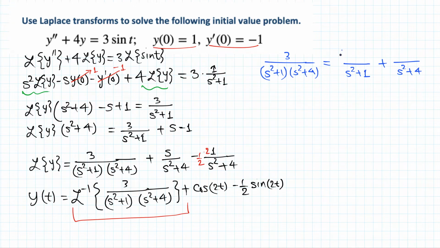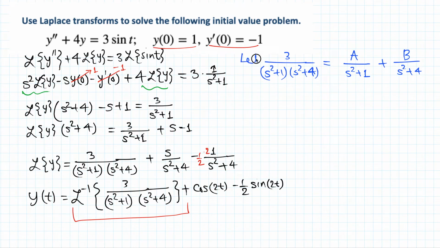This is degree 2, so we write as plus b. But if we look closely, there are no s terms, so we can just write a constant. In fact, this is as plus b and cs plus d, but this works because we don't have any terms containing s.